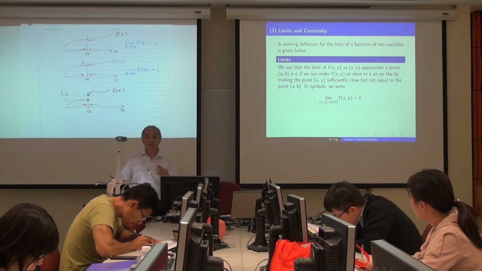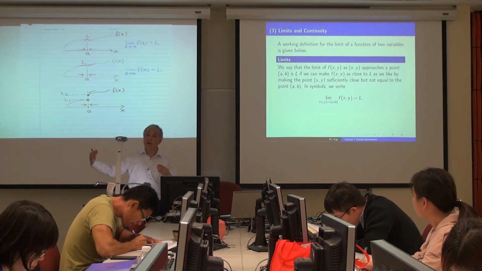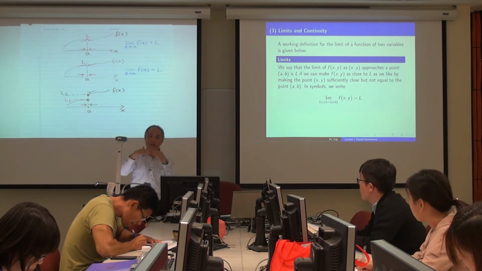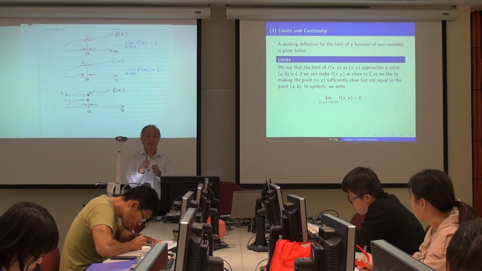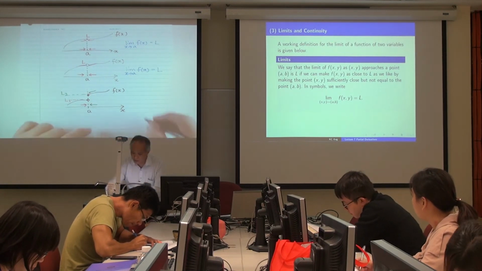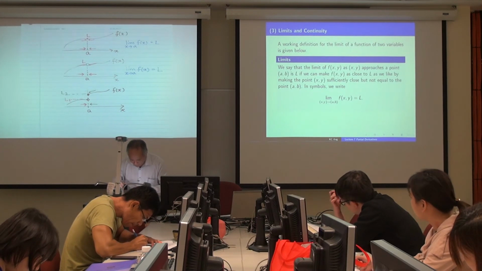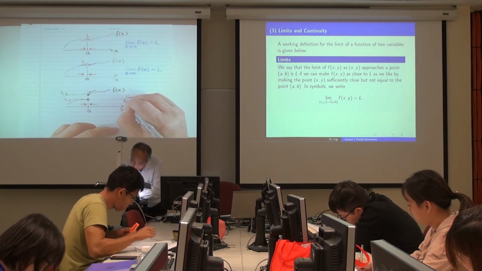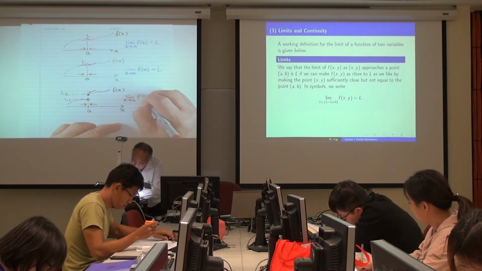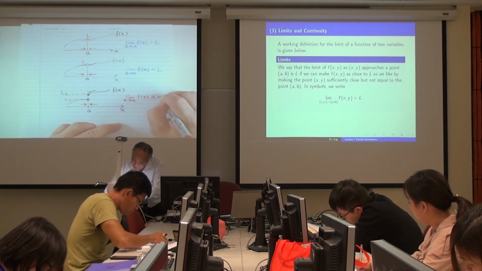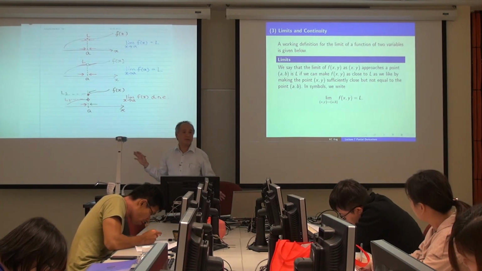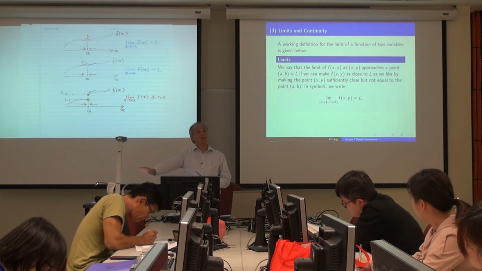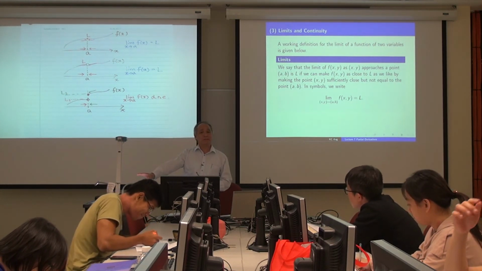Your left hand limit exists, right hand limit also exists, but they are not the same. So the limit at that point does not exist. In other words, we write down limit as x tends to A of f of x does not exist. This is what we understand from, I'm just revising first year undergraduate calculus.